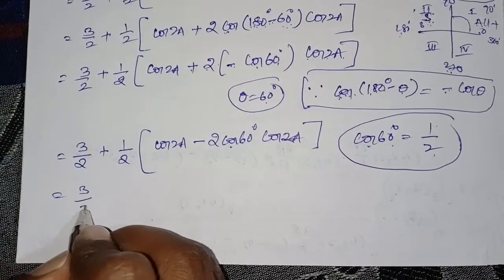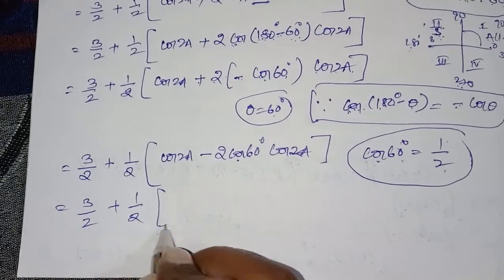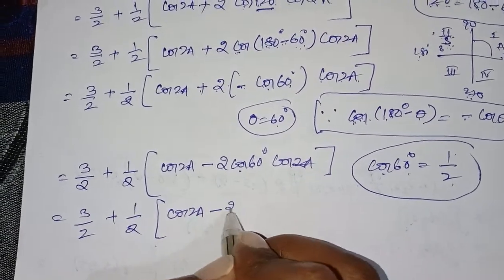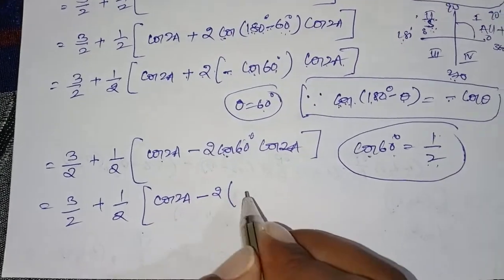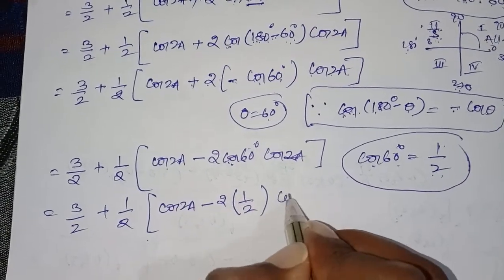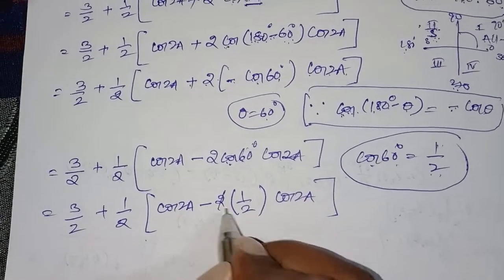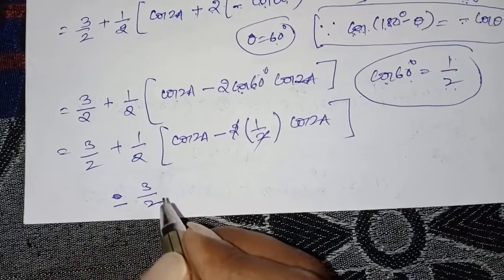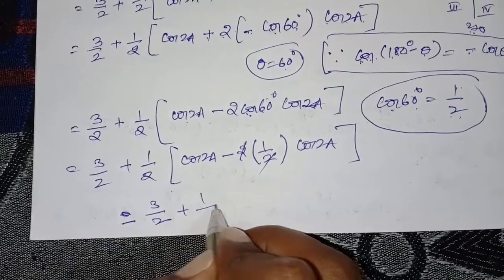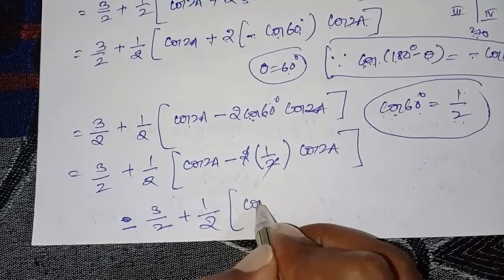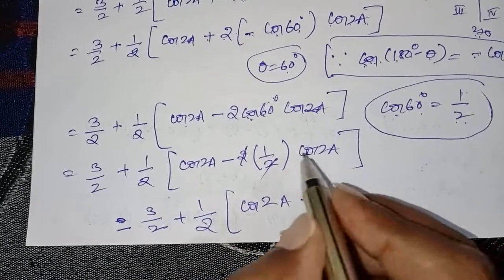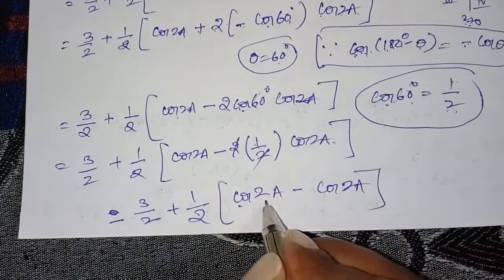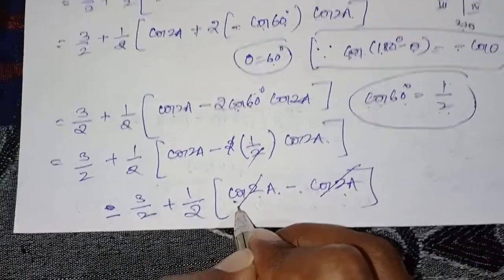That is equal to 3/2 plus 1/2 whole into cos 2a as it is, minus 2 into cos 60 value 1/2, into cos 2a. The 2 gets cancelled. That is equal to 3/2 plus 1/2 into cos 2a minus 1 into cos 2a.